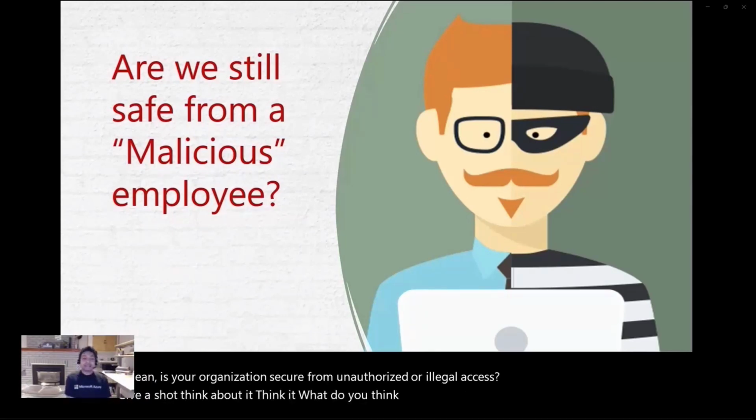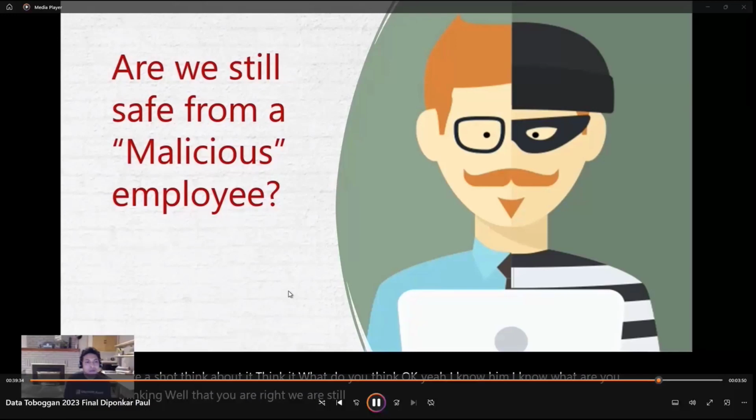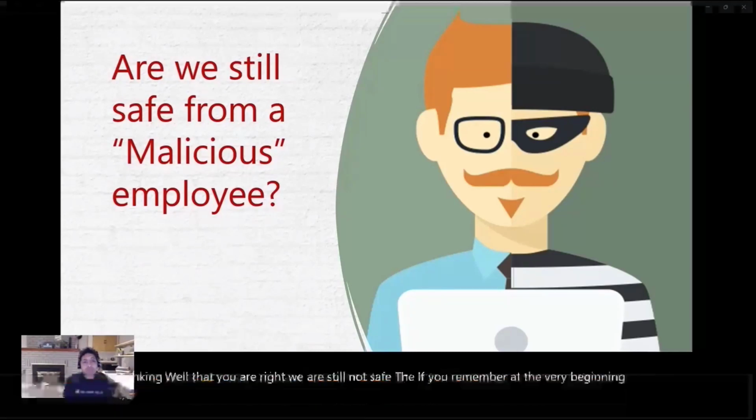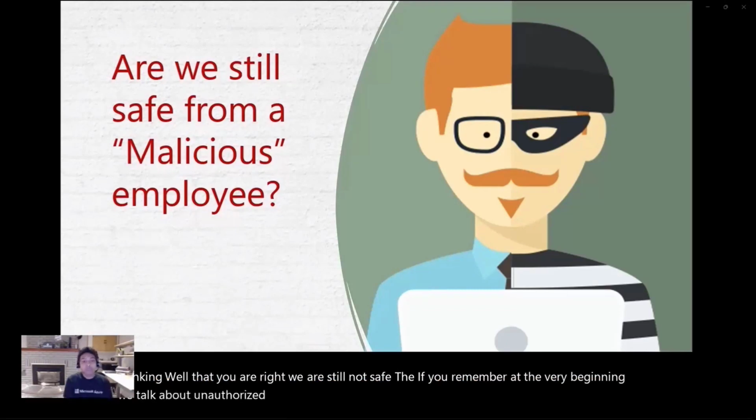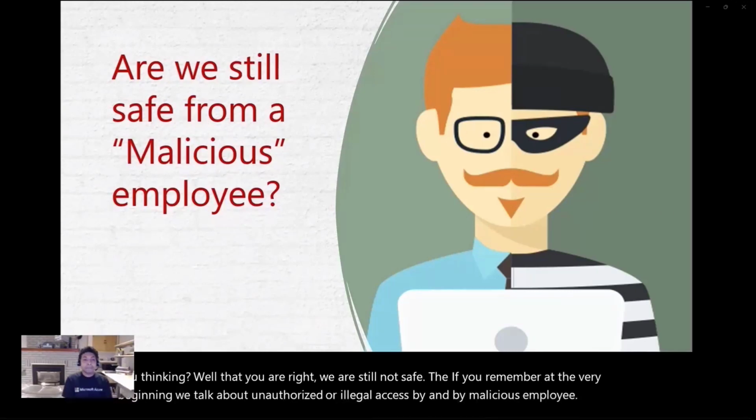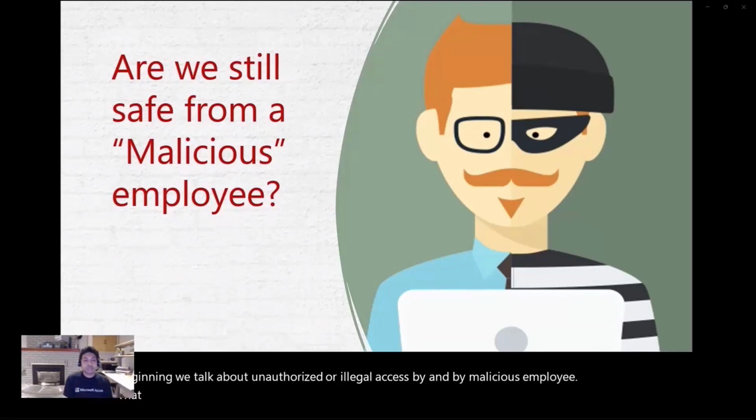Okay, yeah, I know what you're thinking. You are right. We are still not safe. If you remember at the very beginning, we talked about unauthorized or illegal access by a malicious employee. That is what is happening now.